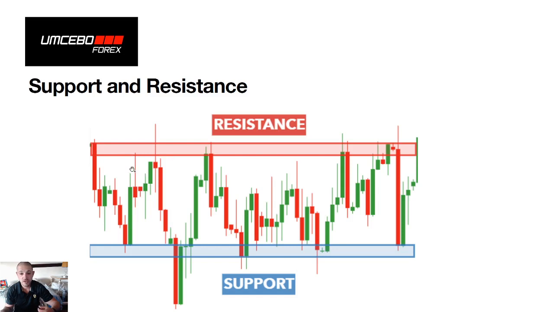So in order for the bulls to break through this price, they need to have significantly more buying power than the supply that's available at this point. So it really needs to be not only a strong move, but a strong move with volume, because there's a lot of volume available at this point, as well as at the support level.